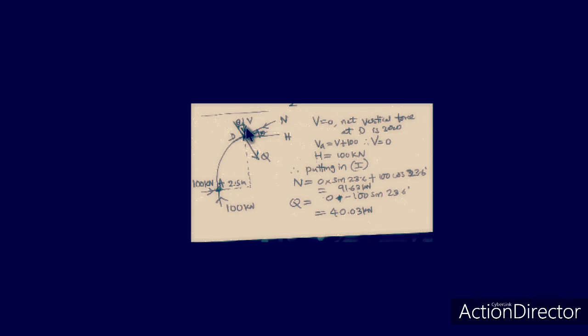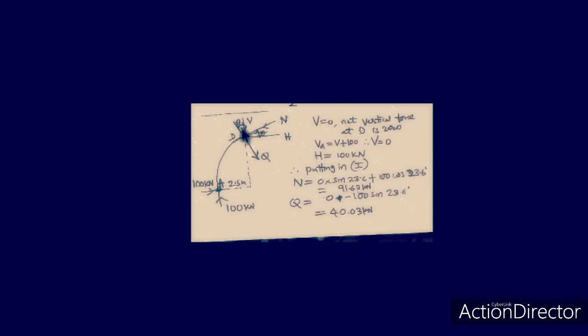In this equation, I first have to find V and H. Now you see the free body diagram: the net vertical force at D, one is 100 kN upwards, and one point load of 100 is acting here. So the net force is 100 minus the point load 100.